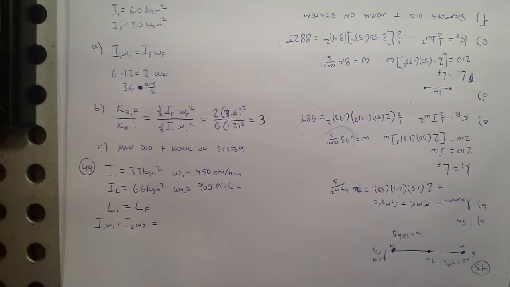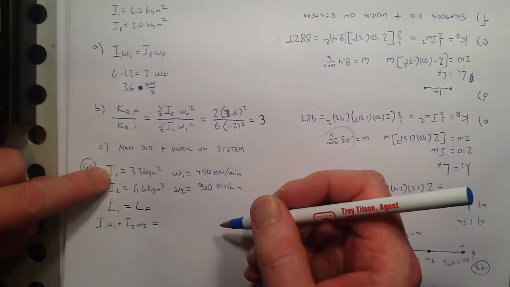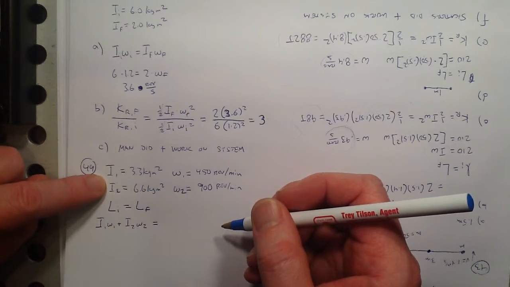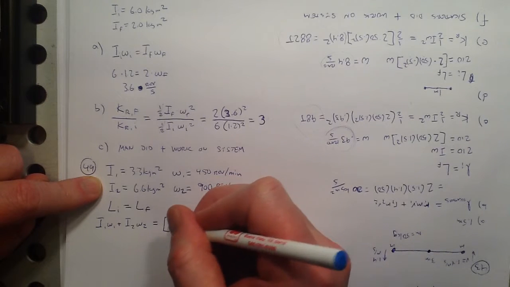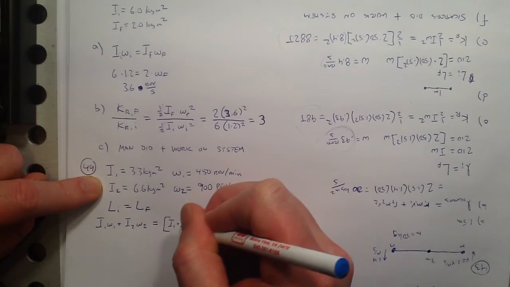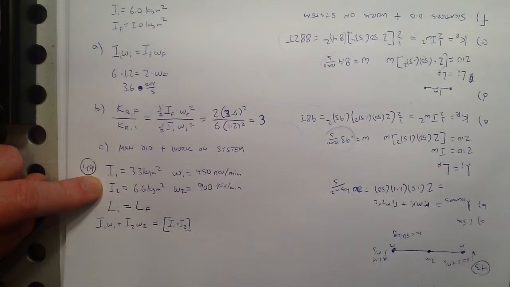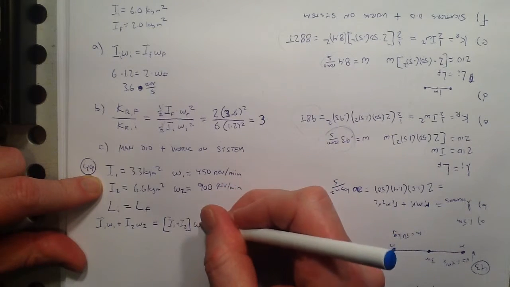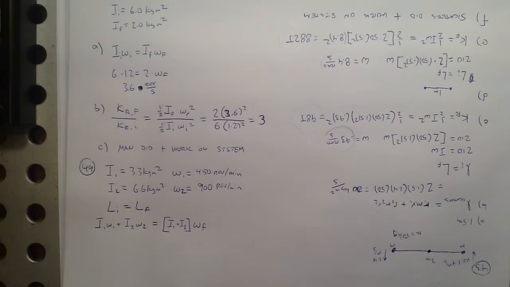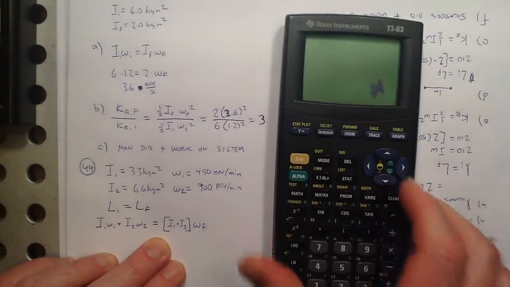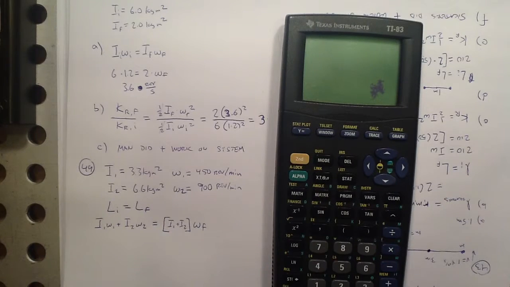And then they're going to couple together. Now, rotational inertias add together, just like masses do. So afterwards they stick together, and I'm just going to have I1 plus I2. That's the total rotational inertia, and then that's our omega final. So I can calculate that.